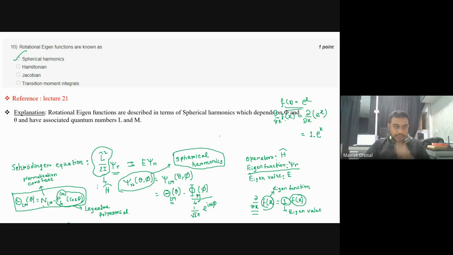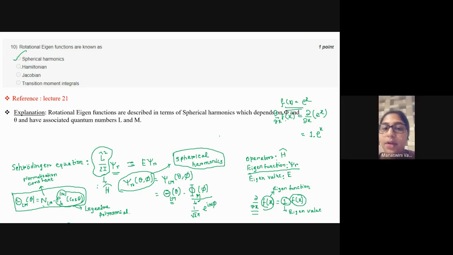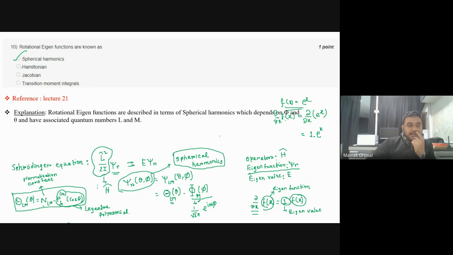The Hamiltonian, the second option, is not an eigenfunction. It is just an operator, so it would not be a function. The third one I am coming to later, but the fourth one is the transition moment integral, which is also not a function.